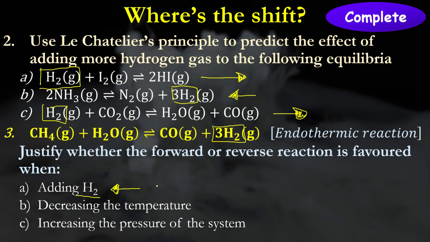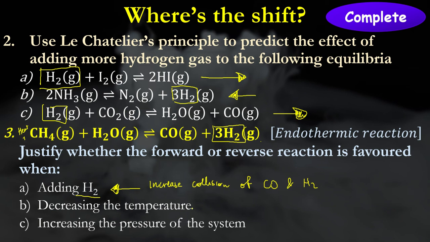Obviously, increased collision of CO and H2. If we decrease the temperature, so this is our endothermic reaction, so heat is on this side here.